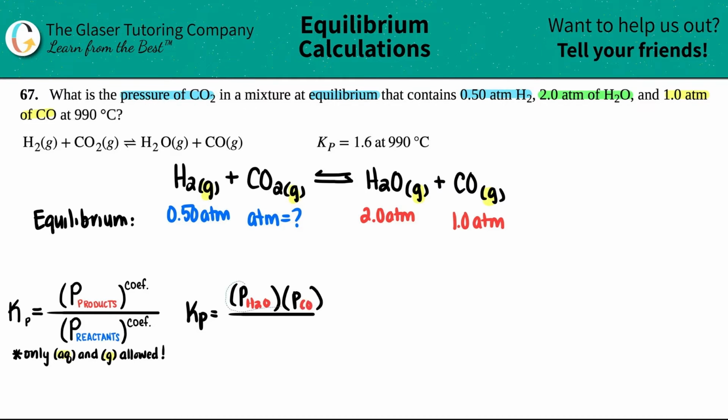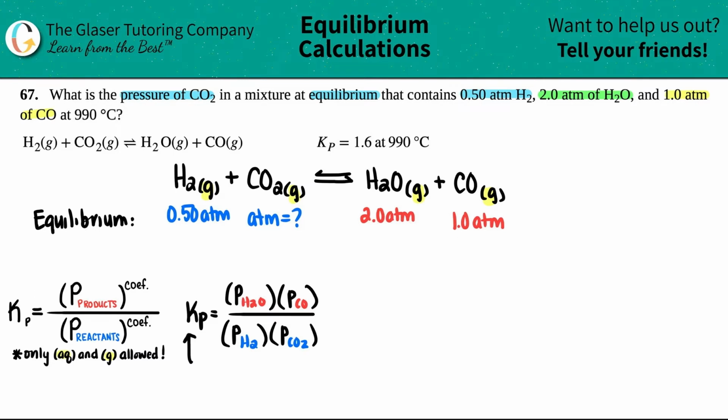Close that up. Raise it to the first, but you don't have to. And now we come down to the reactants. I have the pressure of H2. Raise it to the first. I don't have to show that. And then the pressure of CO2. Close that up. Beautiful.